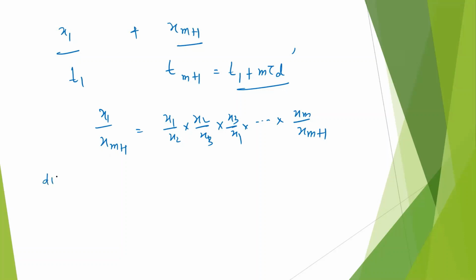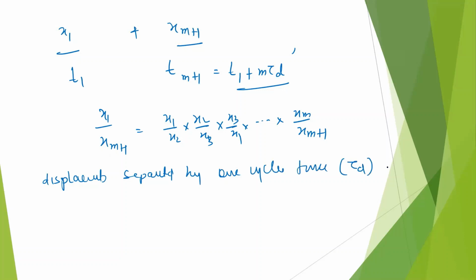The displacements separated by one cycle time, tau d, satisfy the equation xj over x(j+1). For j equals 1, this is x1 over x2, and it is given by e raised to the power zeta omega n tau d.